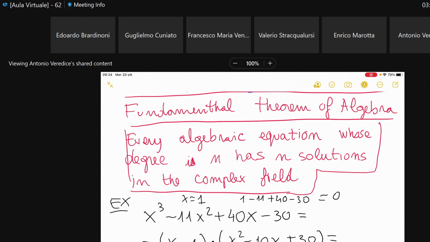So it's 5 plus or minus the square root of negative 5, okay? And it doesn't exist. It doesn't belong to R.